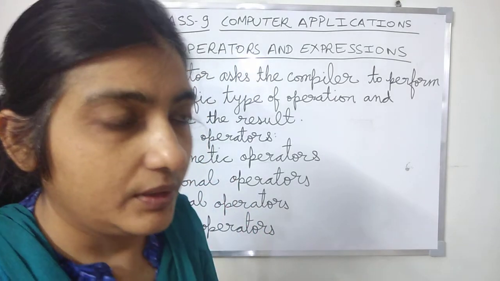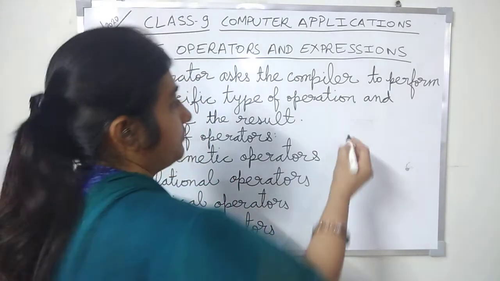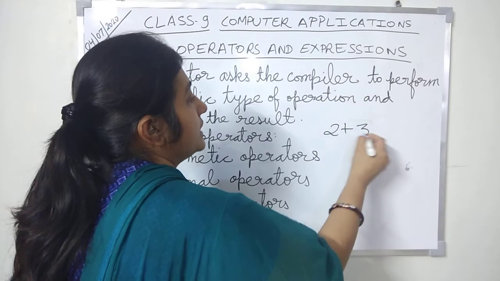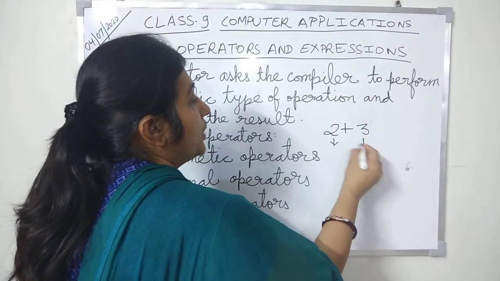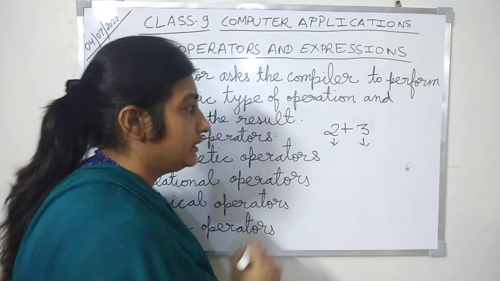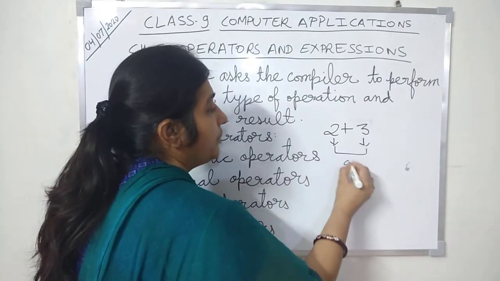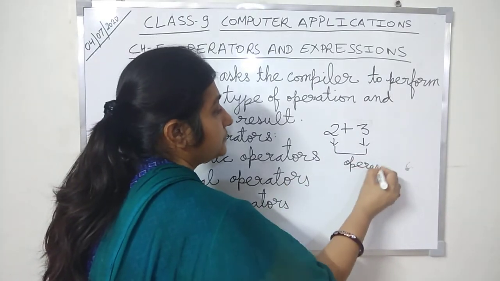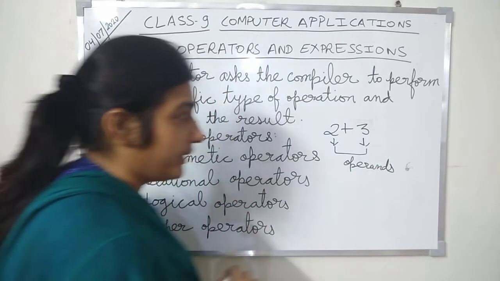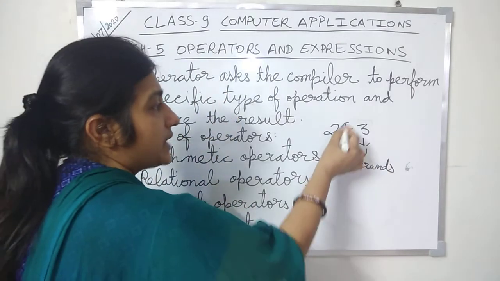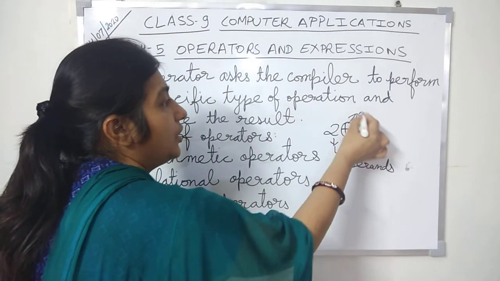For example, 2 plus 3. What are these two, 2 and 3? These two are operands, and this plus sign is the operator.